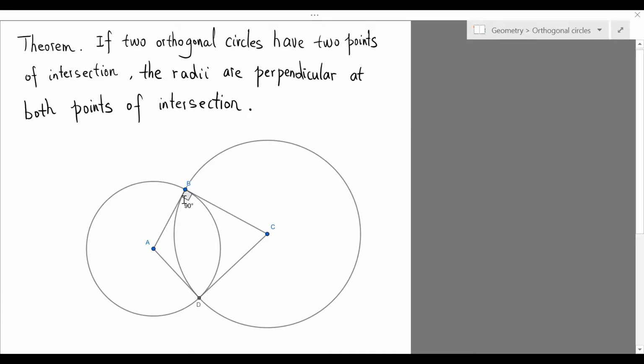Say, for instance, we were told that the radii drawn to the point B for both of those two circles are orthogonal to each other. What we need to show is that the radii drawn to the other point of intersection, which is the point D down there, are also orthogonal to each other. That's what we would like to show.